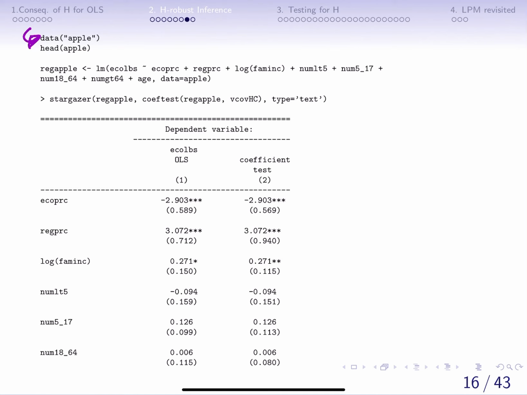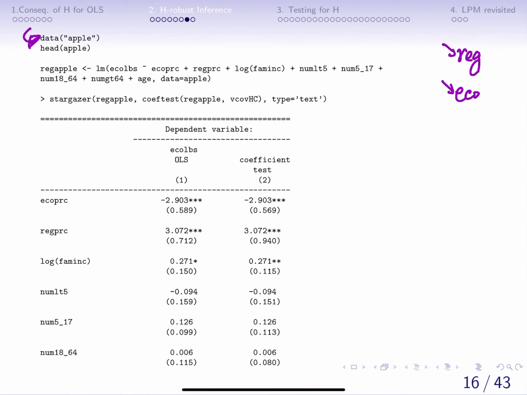One was a regular apple, and the other one was an eco-labeled apple, maybe some fancy kind. And they recorded for each family, by asking the head, what the quantity in pounds would be of each that they would buy.